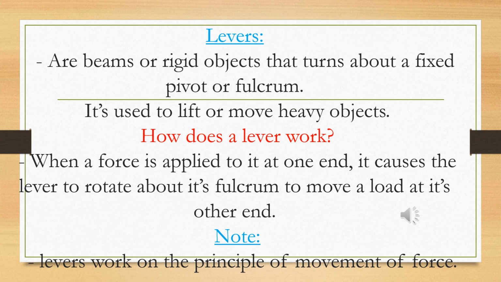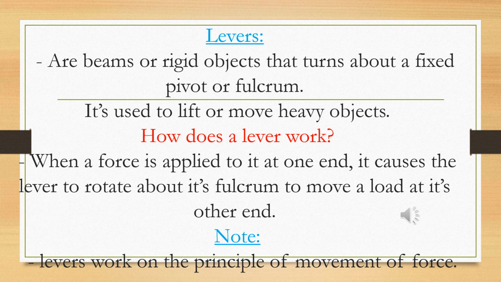Alright, we have said there are 5 groups of simple machines, and the first one was the levers. Now let's look at one at a time. What are levers? A lever is a beam or rigid object that turns about a fixed pivot or fulcrum.